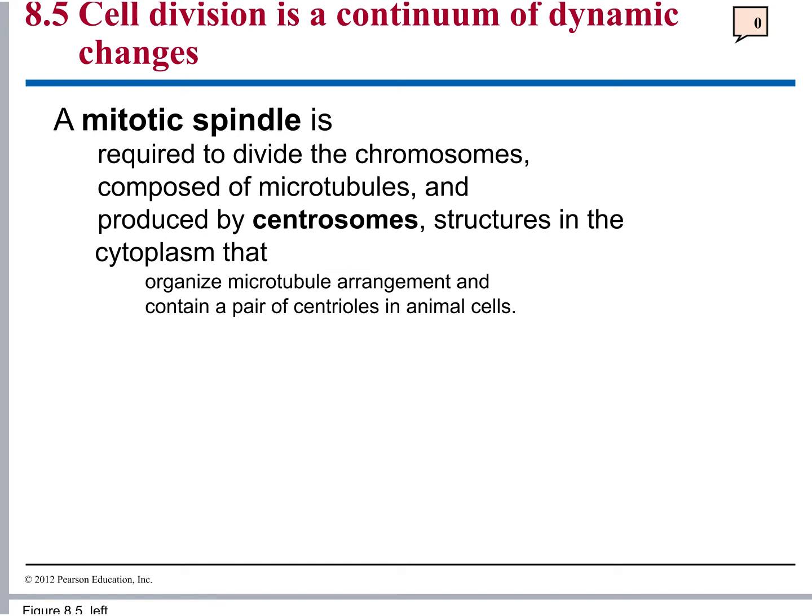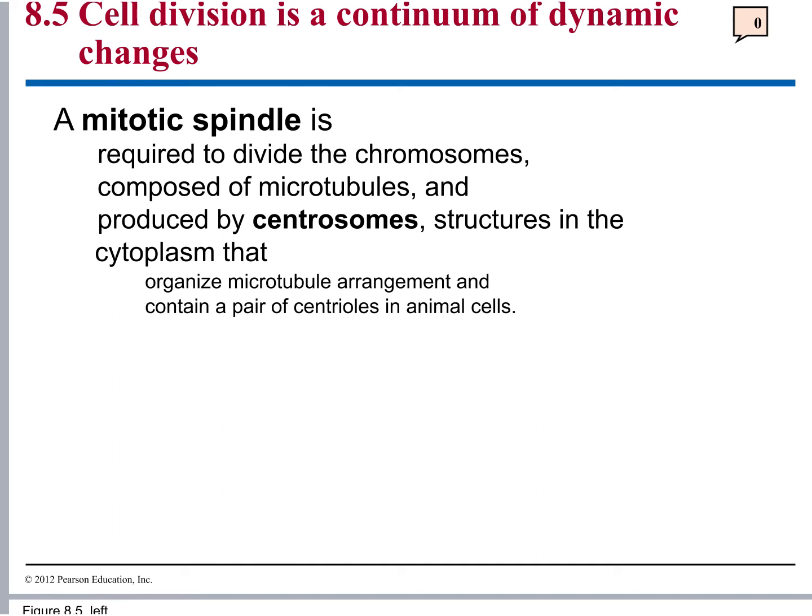Okay, so remember that mitosis is division of the chromosomes, or dividing up the contents of the nucleus. Those chromosomes are in the nucleus, right? So before those chromosomes can be separated from one another, there's a structure inside of the cell that develops, called the mitotic spindle.